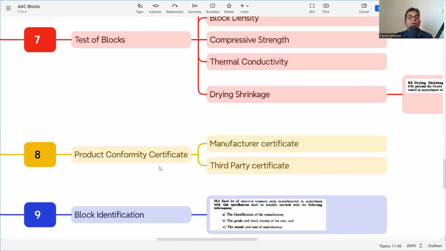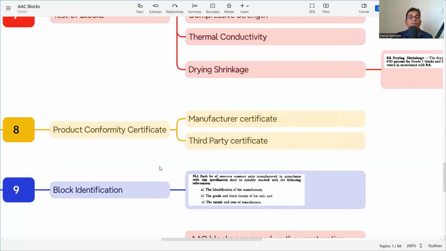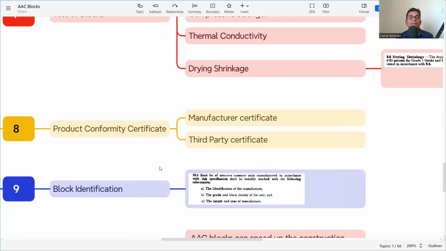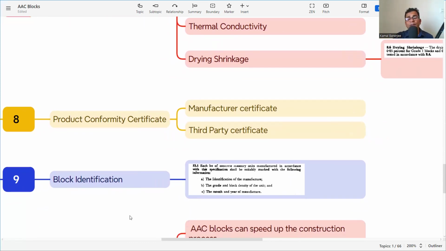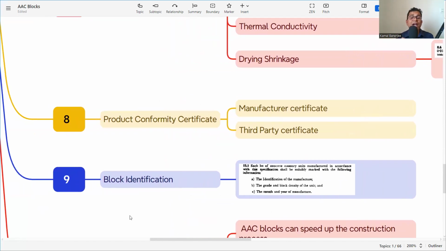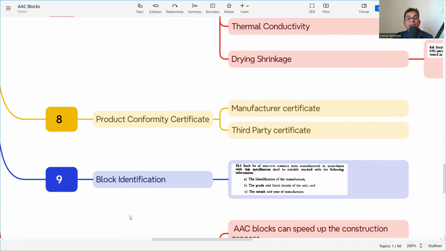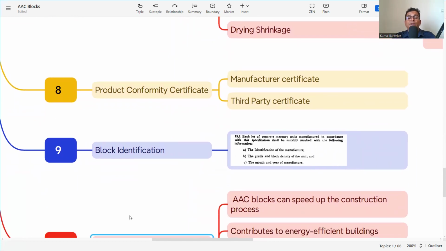Now, the product conformity certificate is very much important. Whenever the material is coming to the site, we need to check whether the product conformity certificate is available or not. That is the manufacturer certificate and also the third party certificate. Two things we need to check as a product conformity certificate. Now, every block is to be identified. How? Whenever they are manufacturing, each block's identification is required. It's clause number 15.1.